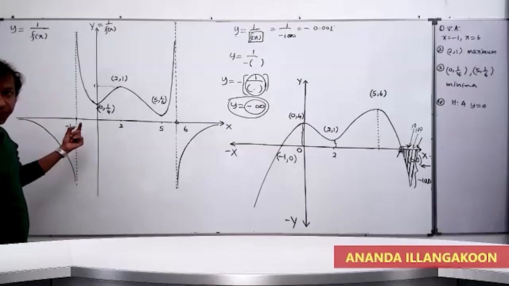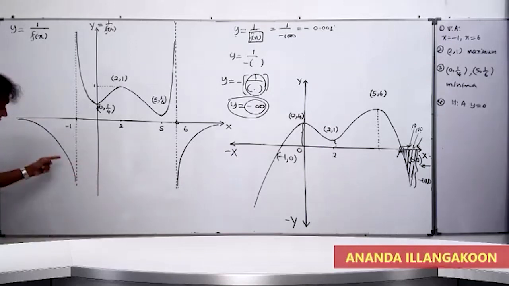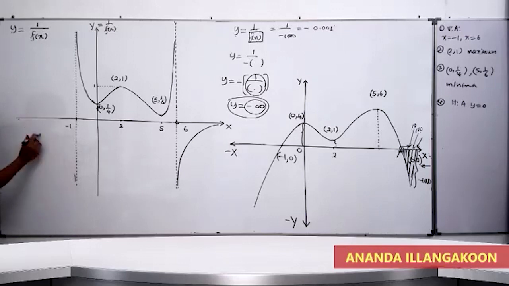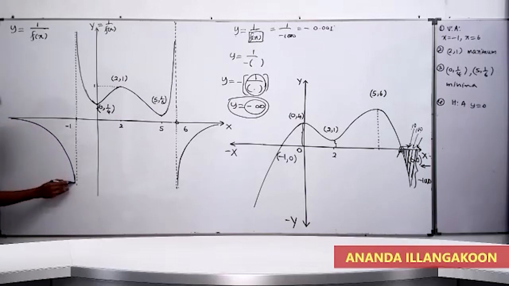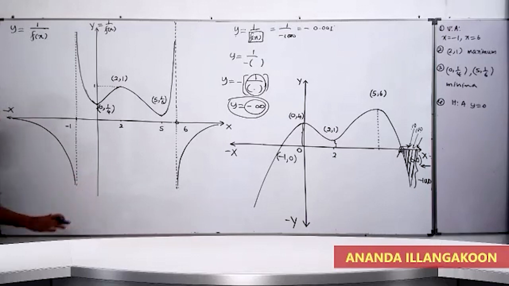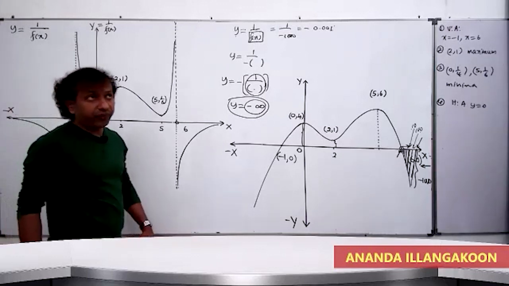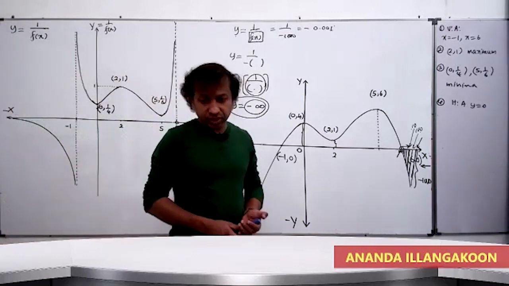Keeping the minus sign before, the denominator becomes 0, meaning going to minus infinity. This minus infinity is this. This is the 1 upon f(x) graph.